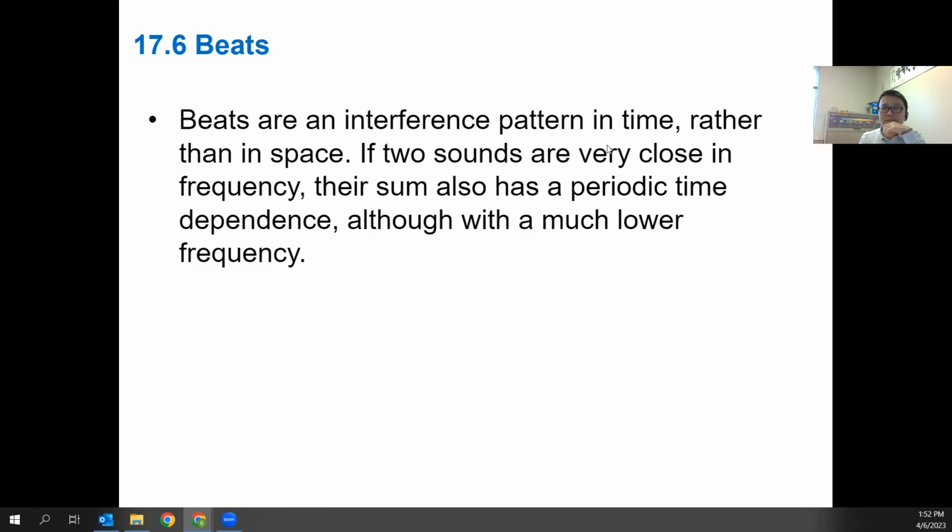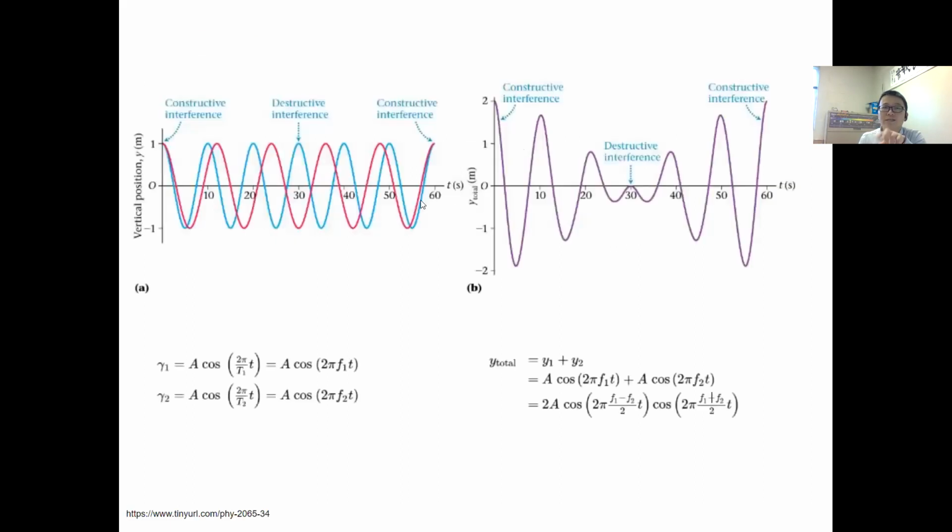That's the interference in time. It's associated with time or frequency. If you have a time difference, then it's equivalent to the two having a difference in their frequencies, so omega 1 and omega 2 are different.